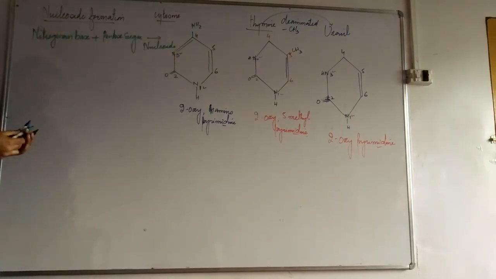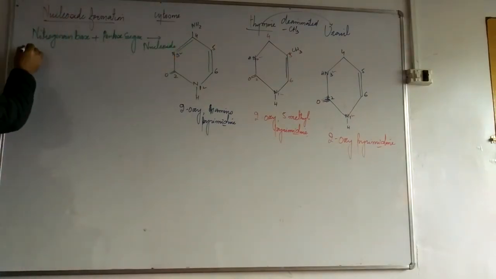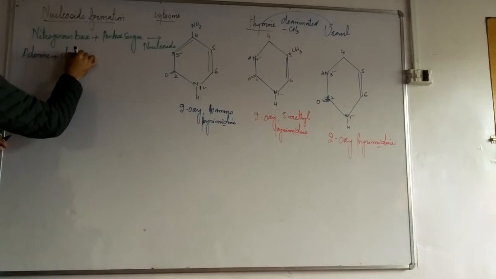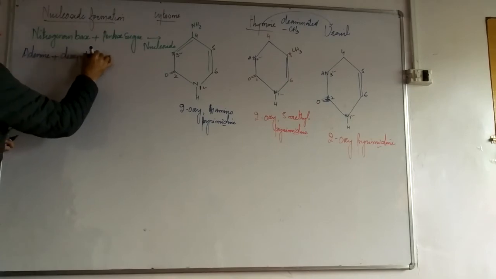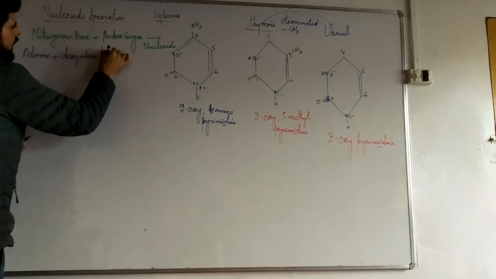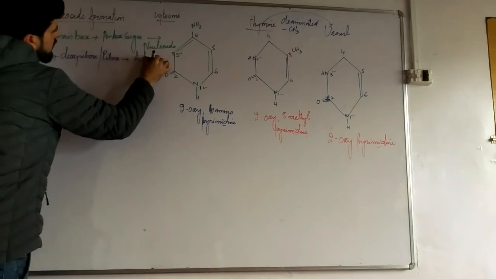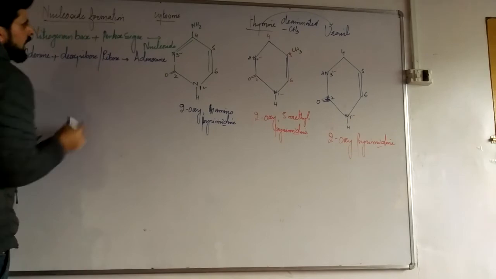If we take an example, if we have adenine as a nitrogenous base, it combines with deoxyribose sugar in case of DNA and ribose sugar in case of RNA, then it forms adenosine. Now adenosine is our nucleoside.